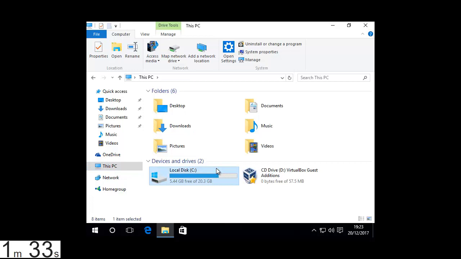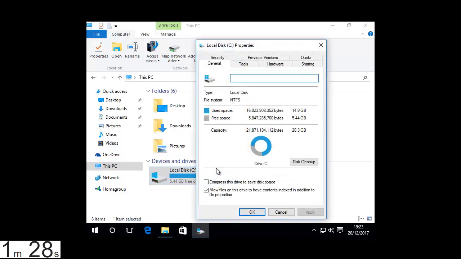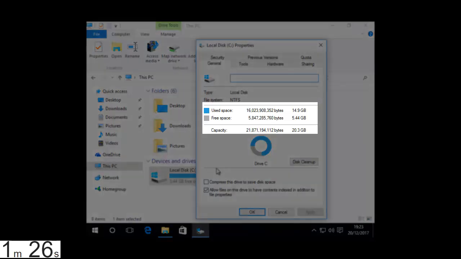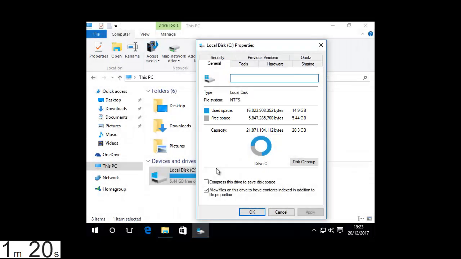And the properties of the hard drive, once again minimum specification about 20 GB. Notice the free space of 5.44 GB, which does not leave very much room for other applications.